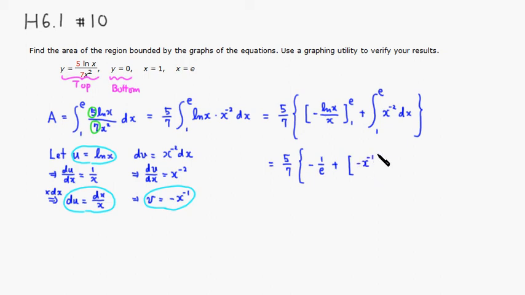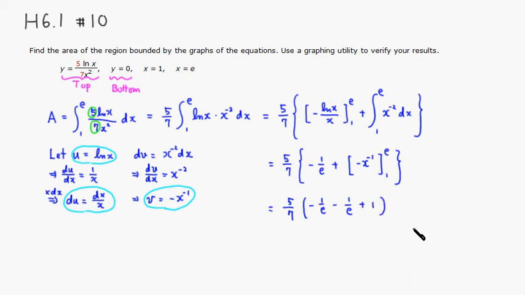So it's negative, from 1 to e. Then you would have 5/7. Then you plug in: negative 1/e, plus, plug in e, so it's going to be negative 1/e actually. So this should be minus 1/e. Then minus, but with a negative sign, so it's plus 1 to the negative 1, which is just 1.